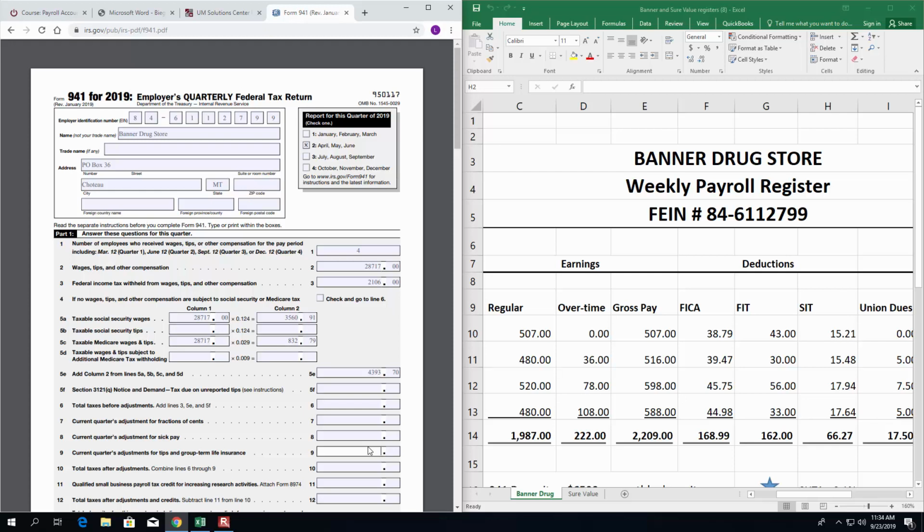What else do they have to deposit? FIT. Here's my FIT. Here's both shares of Social Security. And remember, this return is FICA FIT. So once you tally those up, you're going to get line 6 and 10.